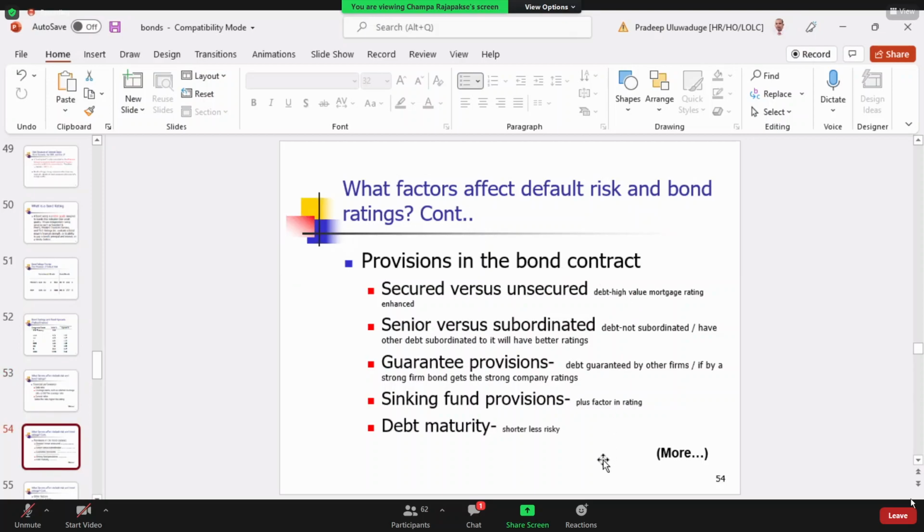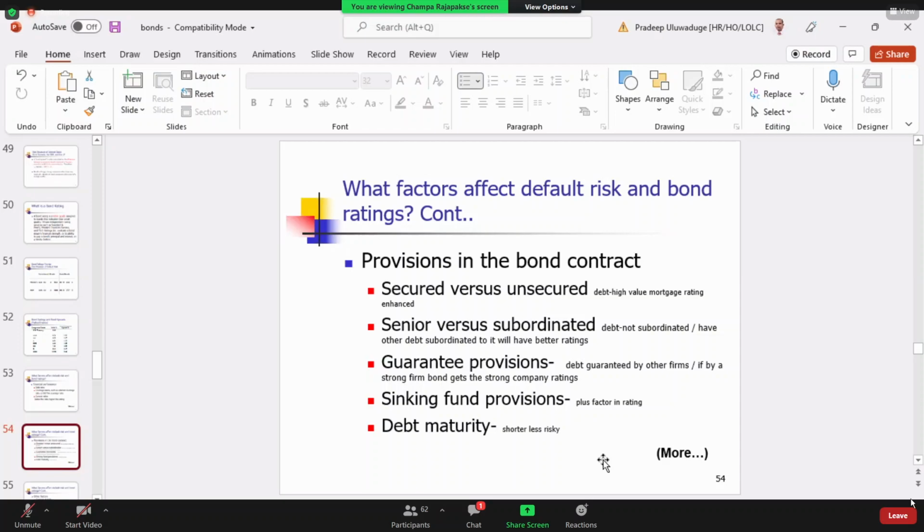Secured versus unsecured bonds. If it is secured debt, say by a high value mortgage, then the rating is enhanced. Senior versus subordinated: debt that has other debt subordinated to it will have a better rating.